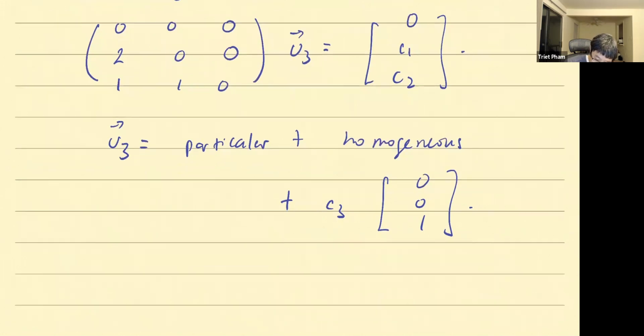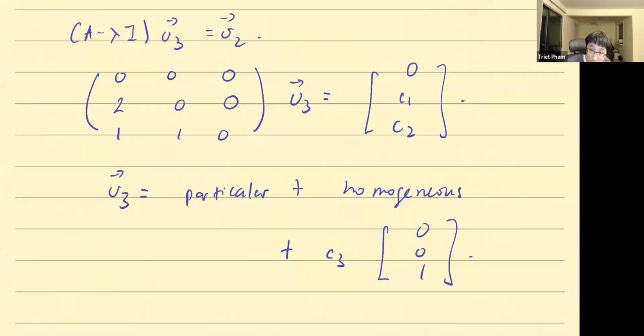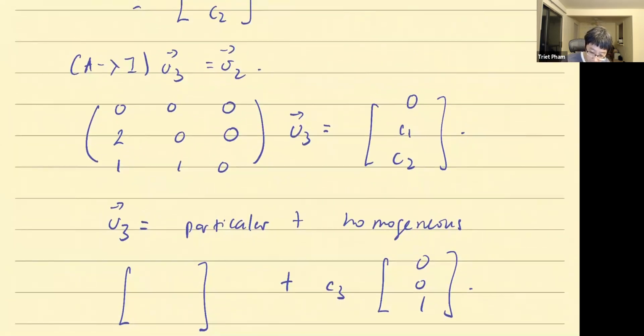So I think, if you call this X, Y, and Z, then you got 2x is equal to C1, and x plus y is equal to C2.